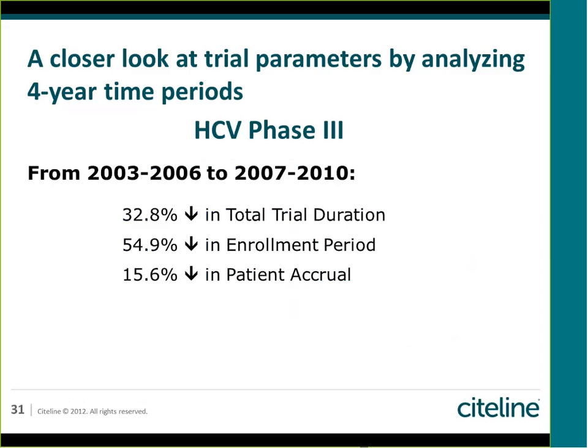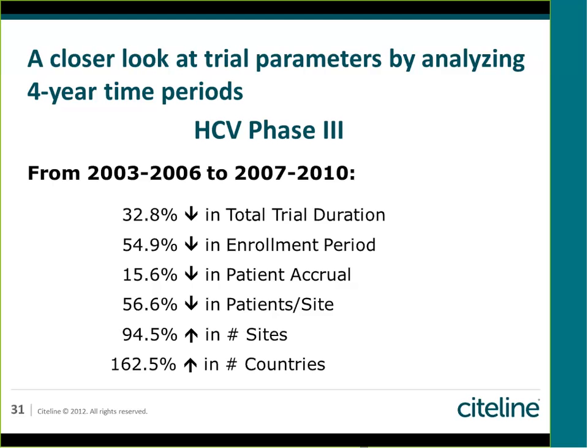In parallel with the decrease in enrollment, there's a 16% decrease in patient accrual, a 57% decrease in the number of patients per site, but at the same time, there's a near doubling of the number of sites. So there's a dramatic increase in the site volume and also in the geographic breadth, because there's a 163% increase in the number of countries where these trials can be found.